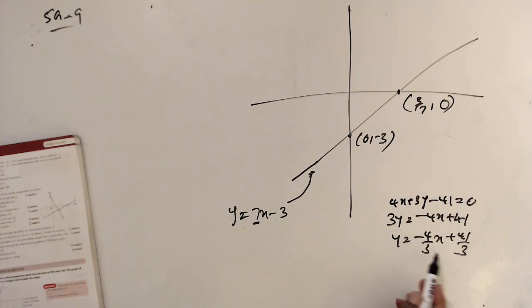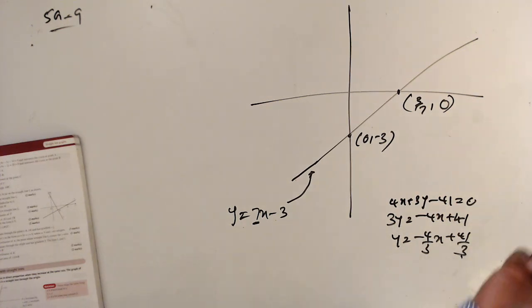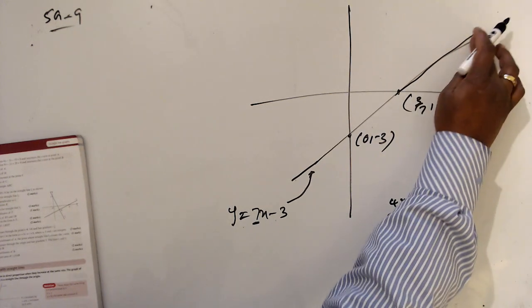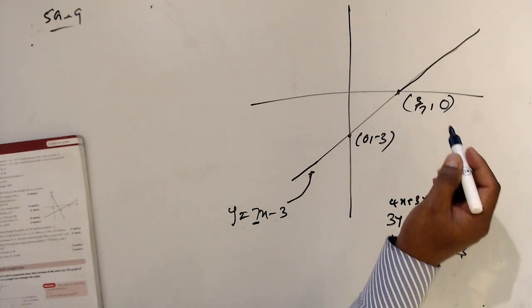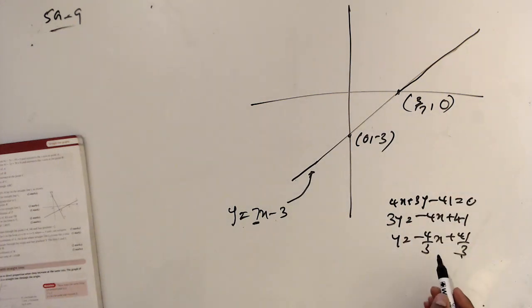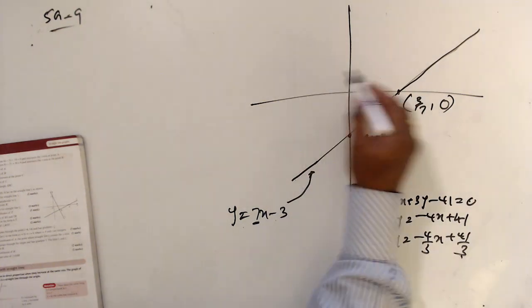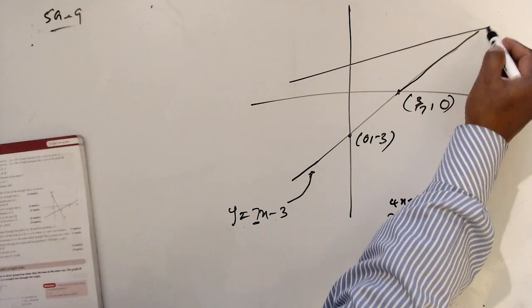It will cut the y-axis at 41 over 3. It's going to be something like this.